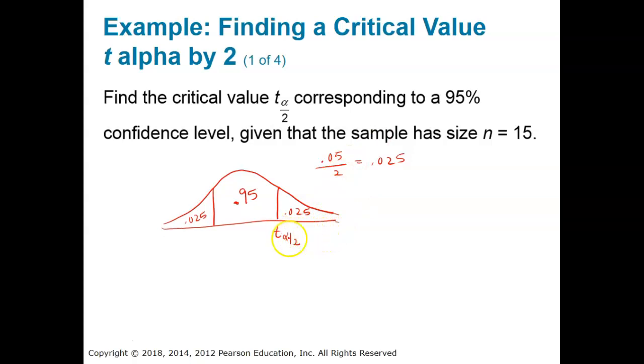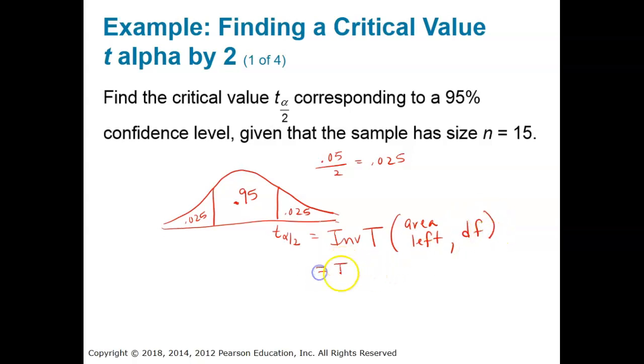Okay, so what I'm going to do to find this is instead of doing inverse norm, I'm actually going to do inverse T. So you should be able to find inverse T on that same table just below inverse norm. That's under the second vars under your distribution menu. So you'll find inverse T. You're going to still do the area to the left, but instead of doing the mean and standard deviation, you're actually going to do your degrees of freedom.